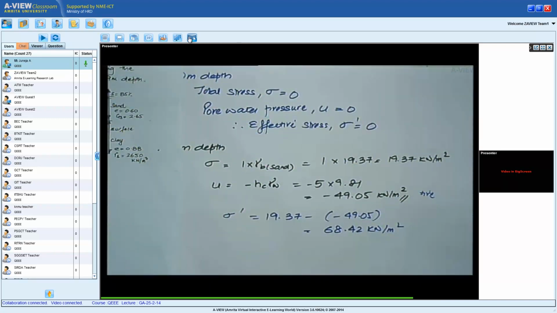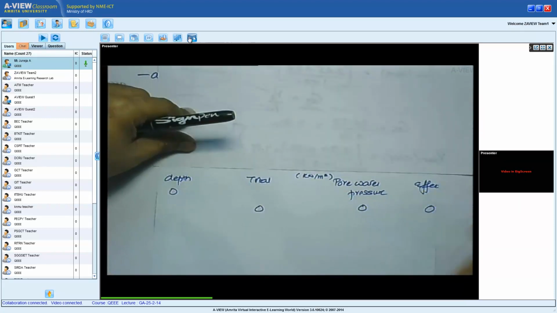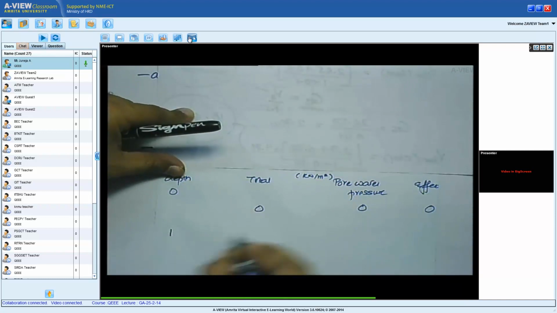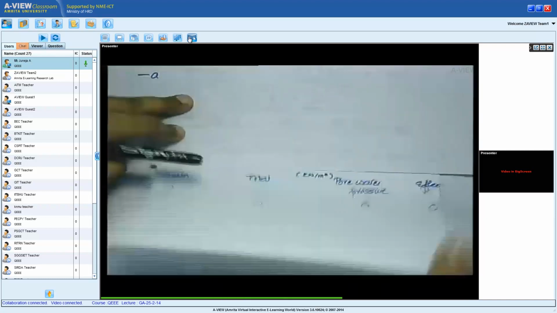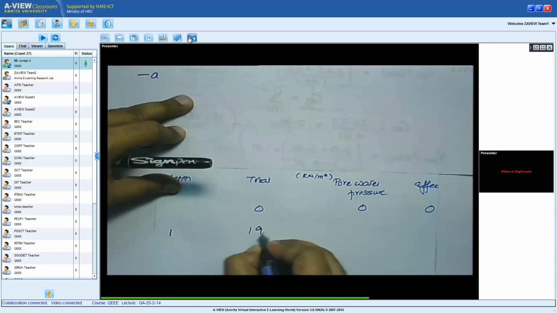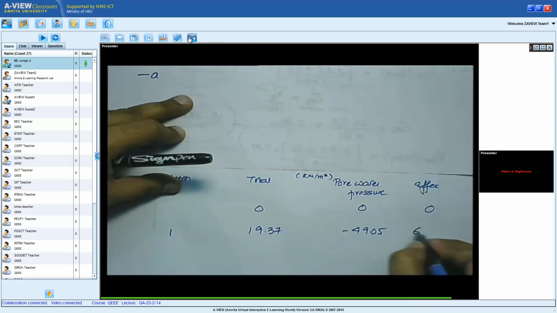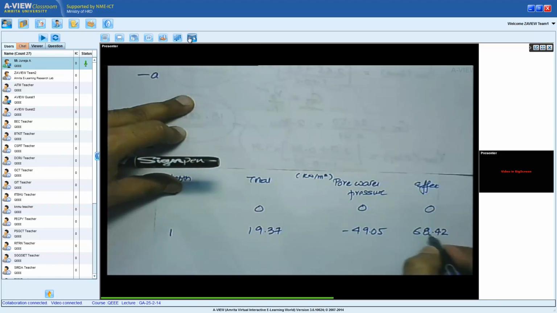Okay, so let me just jot down these numbers again. This is at 1 meter depth. So depth is 1 meter. I have my total stress is 19.37, pore water pressure is minus 49.05, and effective stress is 68.42.